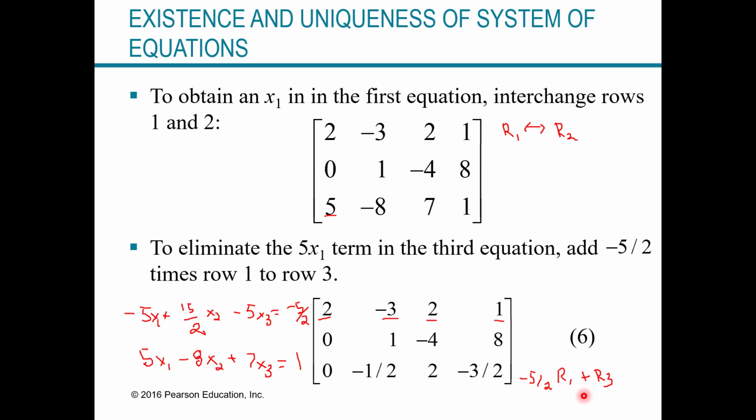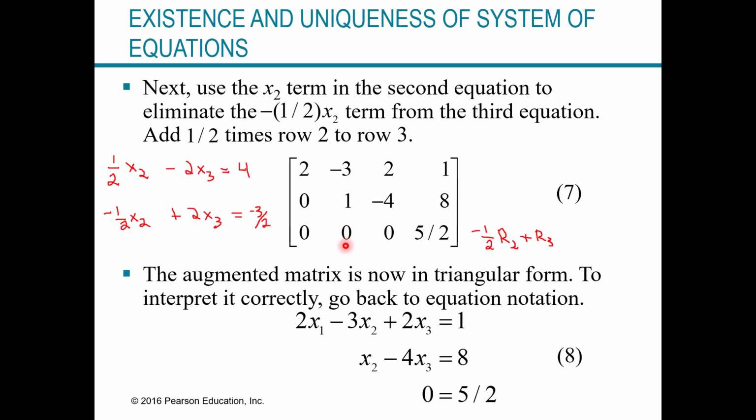Now if we want to get a 0 in the x2 column of our last row, we can do negative 1/2 times row 2 and add that to row 3. I have the work over here to the side. Here's row 2, so 1/2 times that is here.